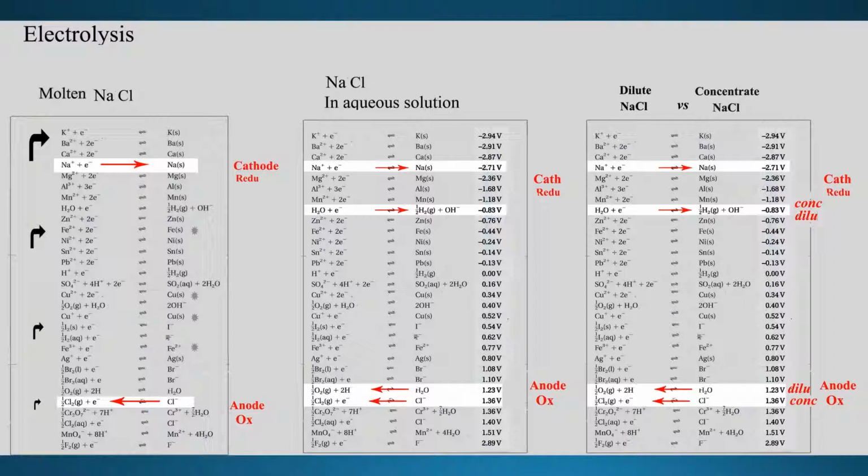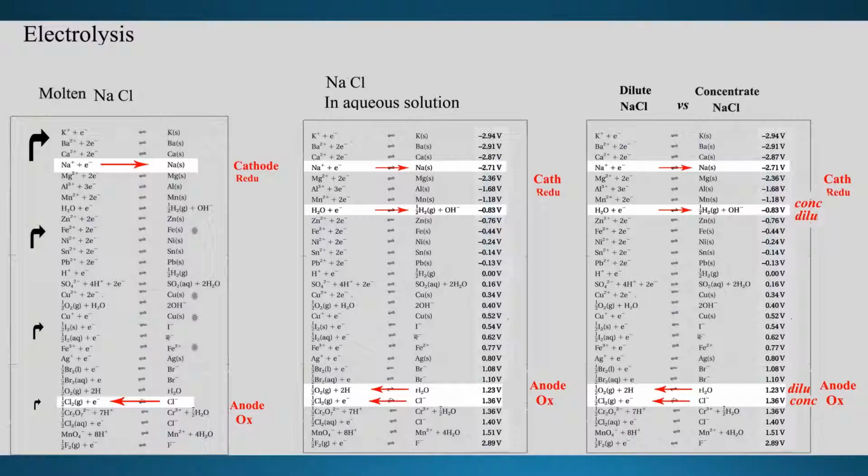The middle, NaCl in aqueous solution: you have water and chloride at the anode, and sodium and water at the cathode. Now, when we consider dilute NaCl and concentrated NaCl, we further highlight that in the dilute situation at the anode, water reacts. In the concentrated situation at the anode, chloride reacts.